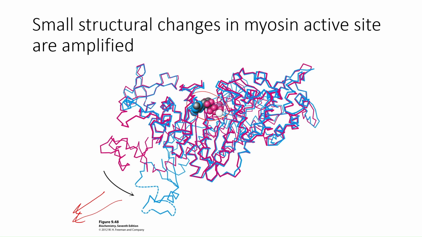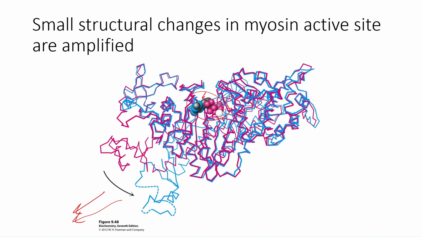And so when ADP is bound, and when you have the cleavage and release of that inorganic phosphate, you can have small changes in binding that sort of originate here. So you have very small differences between the blue and the pink version of the myosin head that we see.